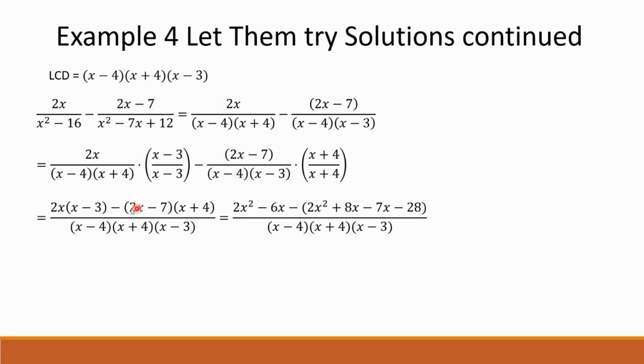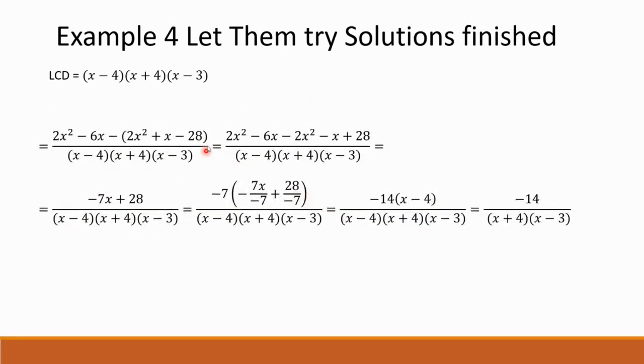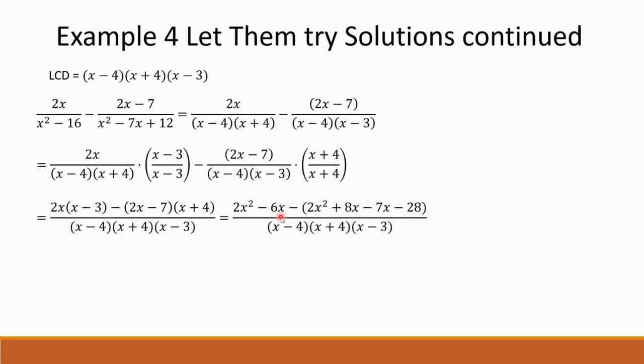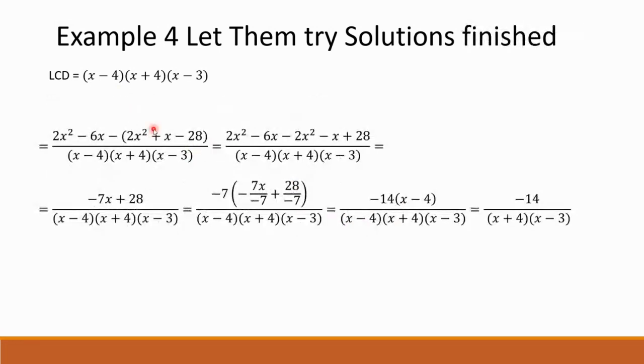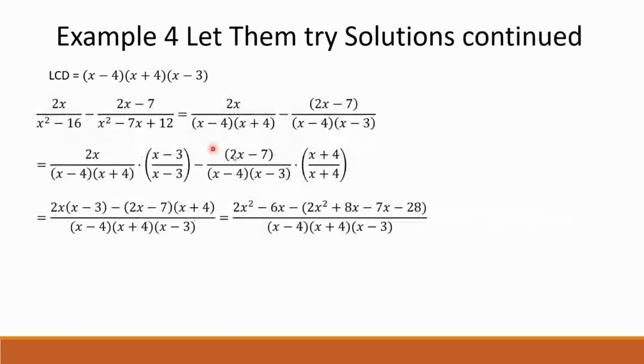And so, just like before, we have to multiply. 2x squared minus 6x. From here we multiply, but again, we have a minus, so I use parentheses here. Okay, good. So what happens next? Well, we have 2x squared minus 6 times x minus this, which is 2x squared plus x, minus 28.